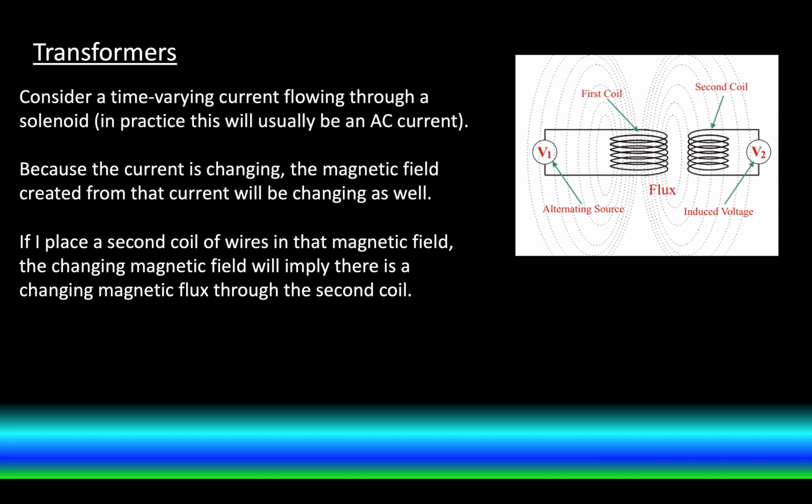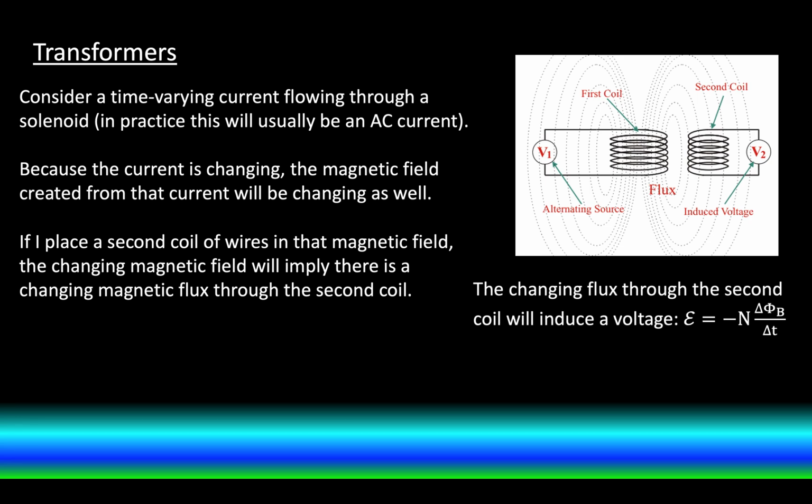Because the magnetic field is changing with time, remember, we connected the first solenoid to an AC source, I expect the magnetic flux through the second solenoid to change with time as well. Because we have a changing magnetic flux through the loops of wire that make up the second solenoid, there will be some amount of voltage induced in the second solenoid.